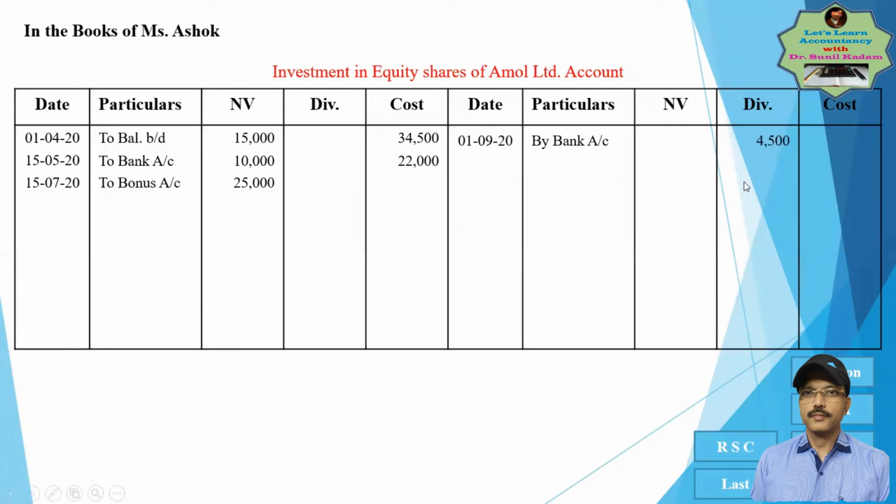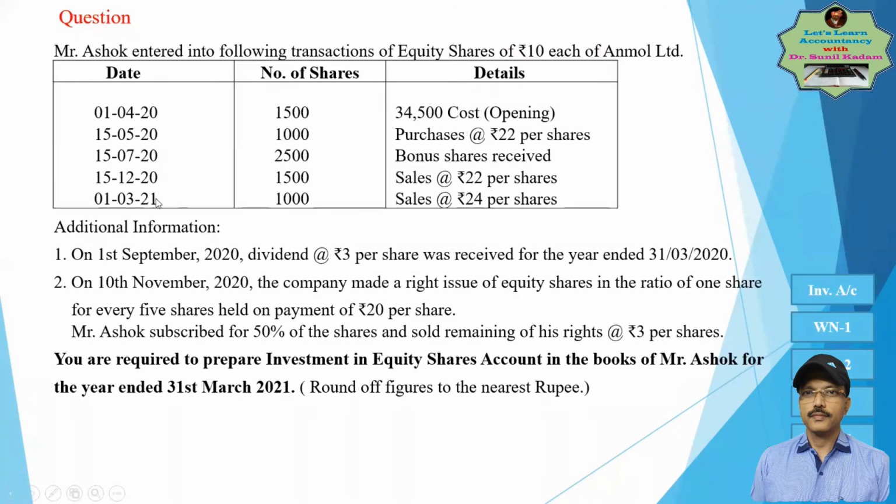Dividend is received 4,500 and 3,000 is credited to the cost. Understood? So let's go and record the remaining transactions. So here we have recorded the 1st September dividend received and learned that if it is a pre-acquisition return, it will be credited to the investment account.